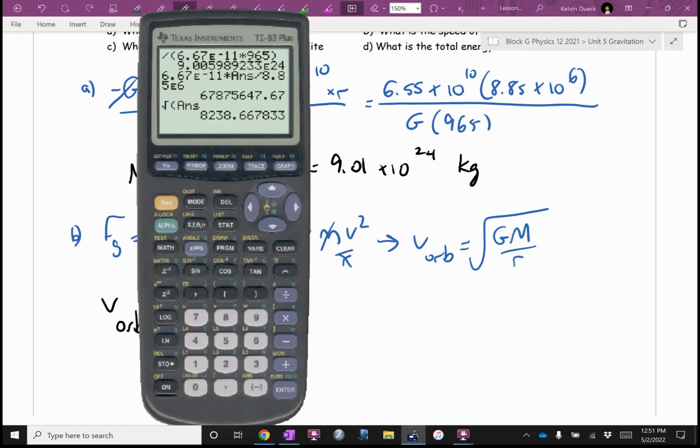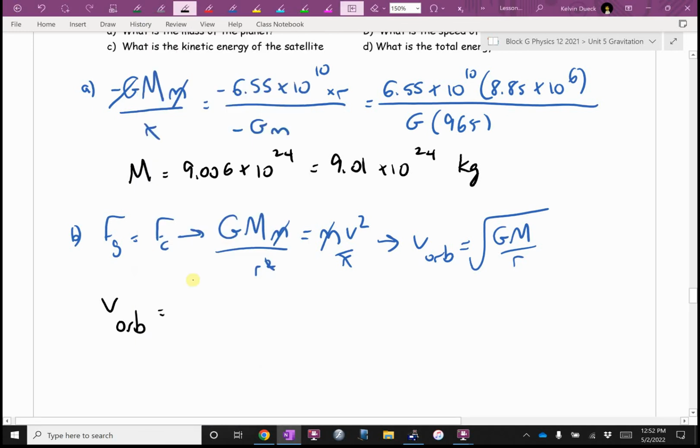Okay. I probably did this right, is my ballpark figure. I'm going to write 8,240. Did you get that okay? Okay. Type like the wind. Good. 8,240 meters per, not squared, per second. Okay.